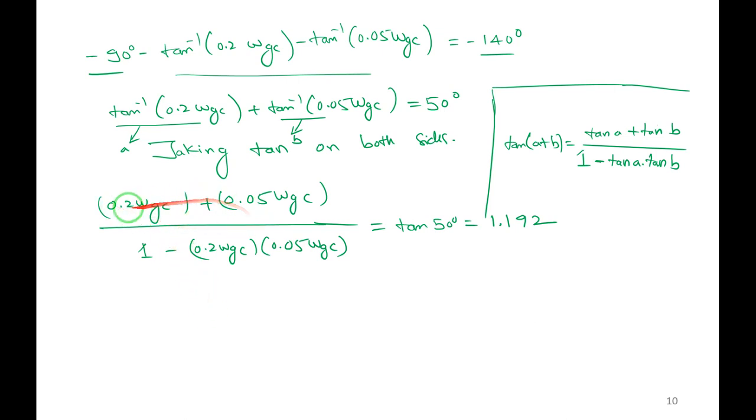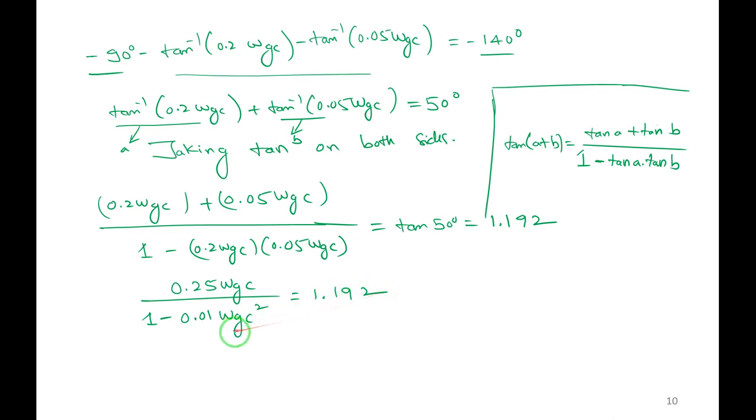So let me add 0.2 plus 0.05, so 0.25 omega gc in the numerator, divided by 1 minus 0.2 into 0.05. I am getting 0.01, and omega gc into omega gc is omega gc square.